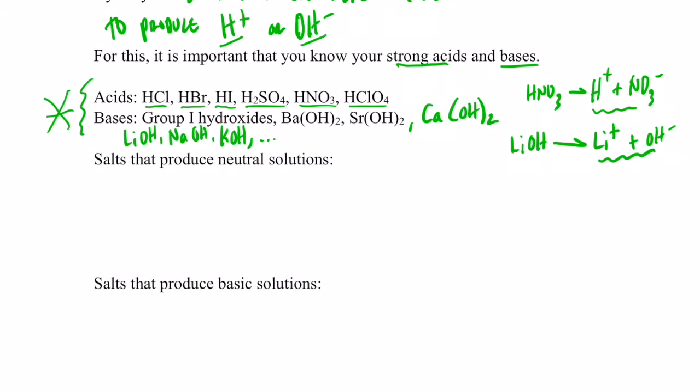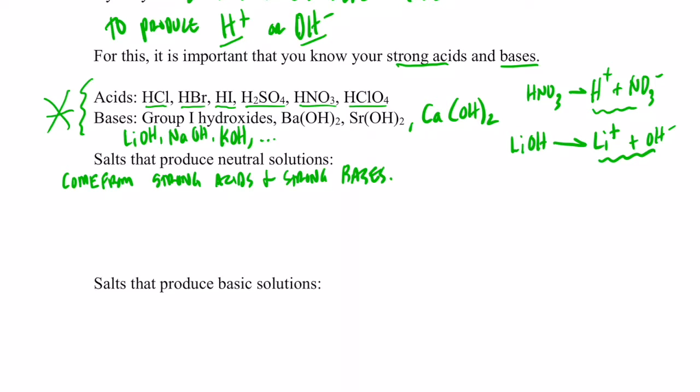Now, there are some salts that, when we place them in water, will not react with water to produce hydrogen or hydroxide ions. These are salts that come from strong acids and strong bases. What does that mean?